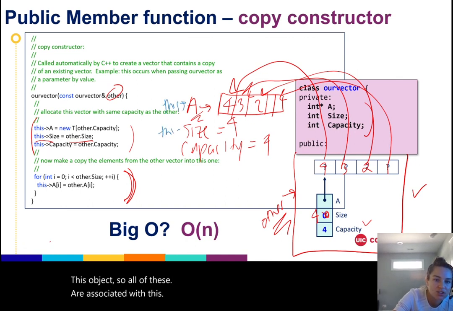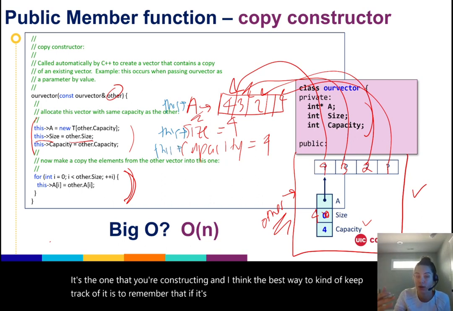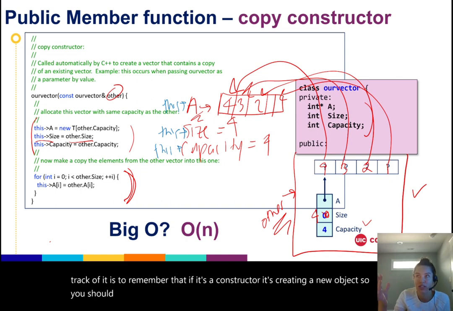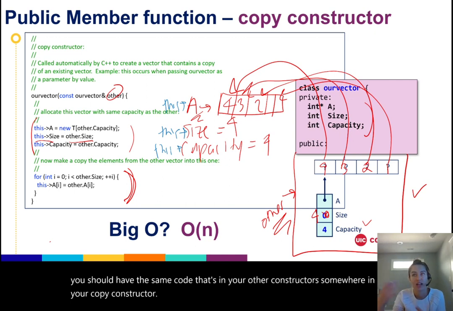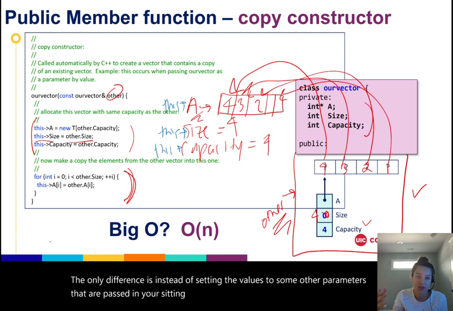It's the one that you're constructing. I think the best way to keep track of it is to remember that if it's a constructor, it's creating a new object. So you should have the same code that's in your other constructor somewhere in your copy constructor. The only difference is instead of setting the values to some other parameters that are passed in, you're setting the values to the other object's exact values.